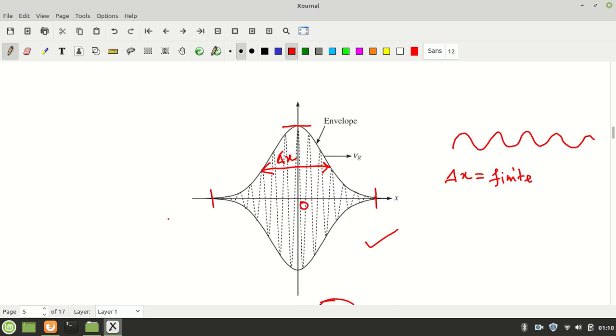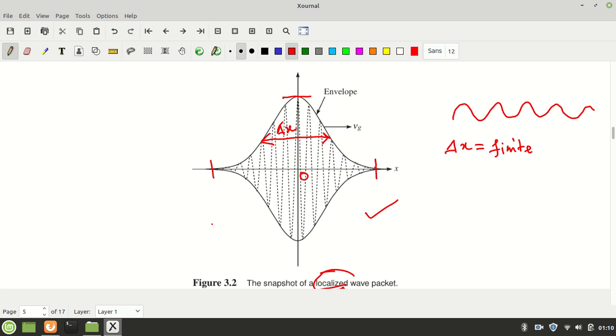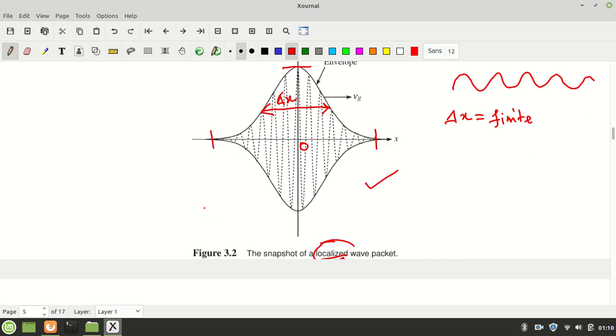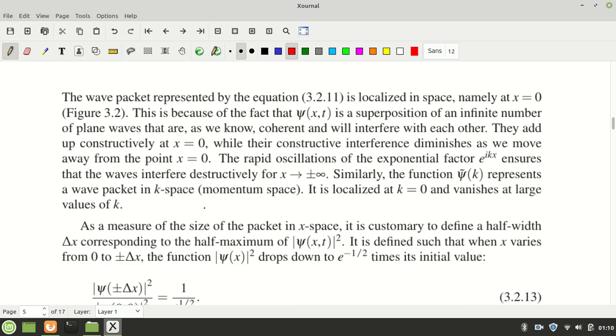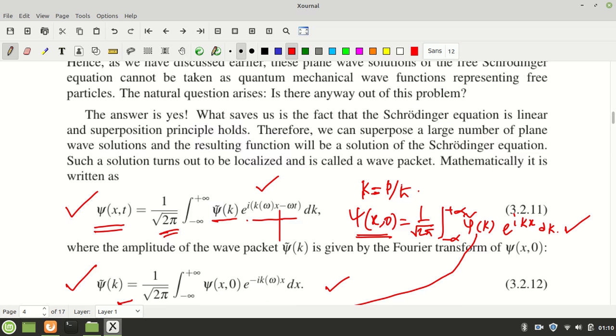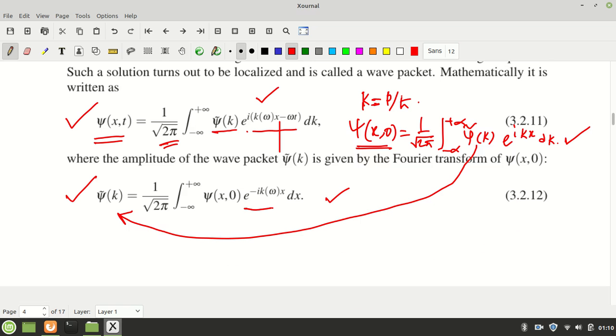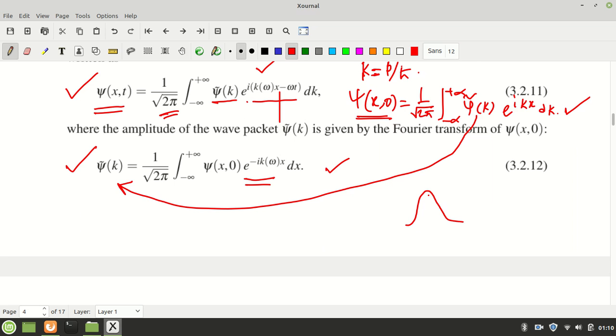Similarly, the same picture will be in the case of the momentum space wave function, because the momentum space wave function psi tilde k is again a superposition of a large number of waves, and so psi tilde k is also like this, around k equal to 0, and it has finite uncertainty.